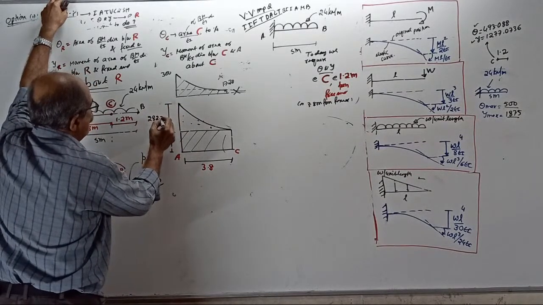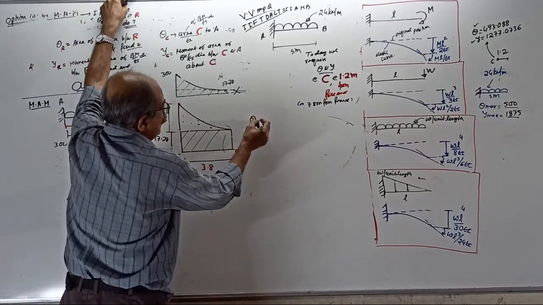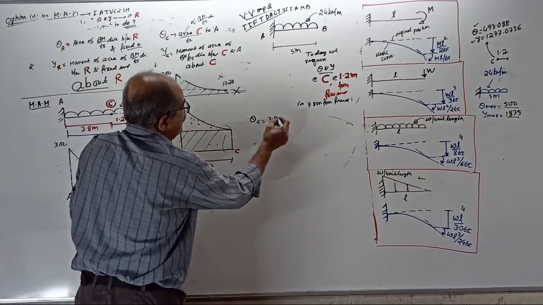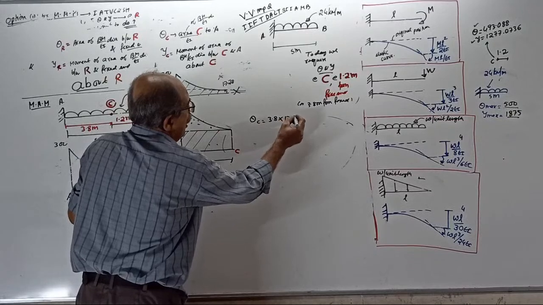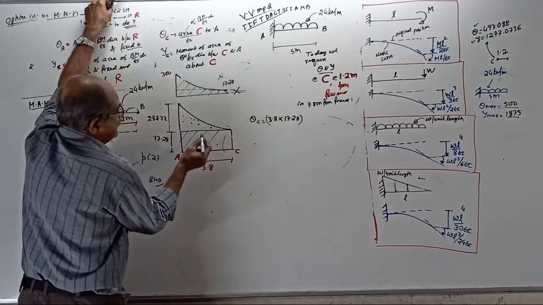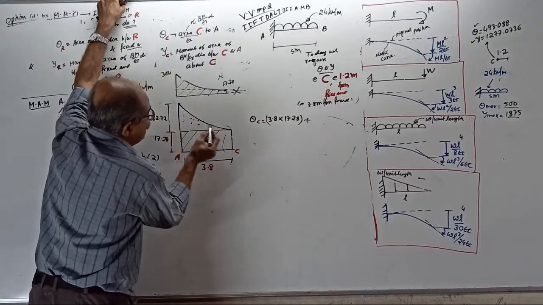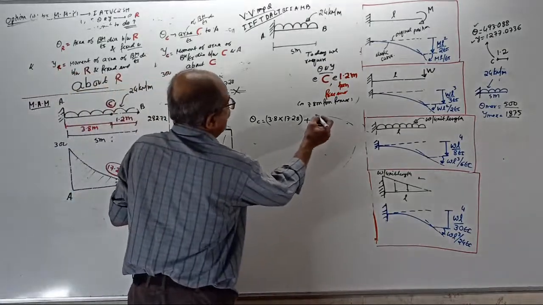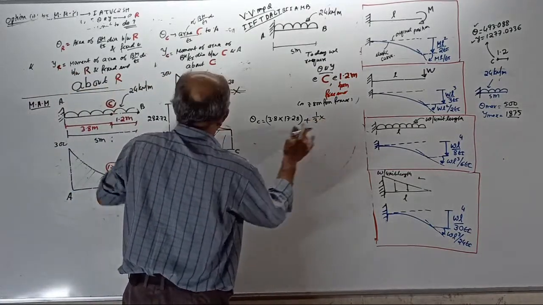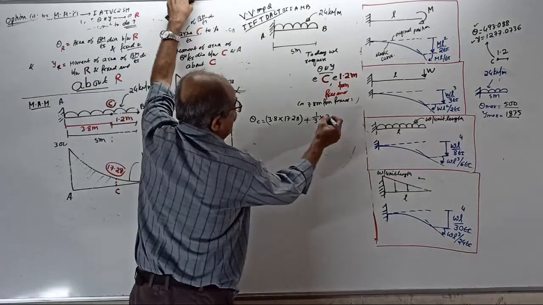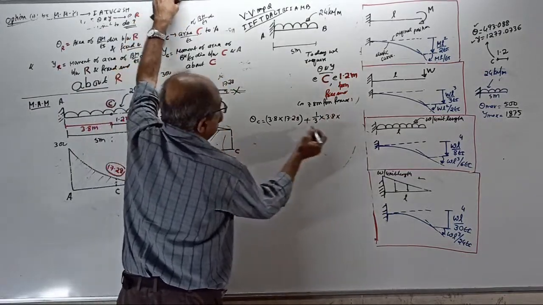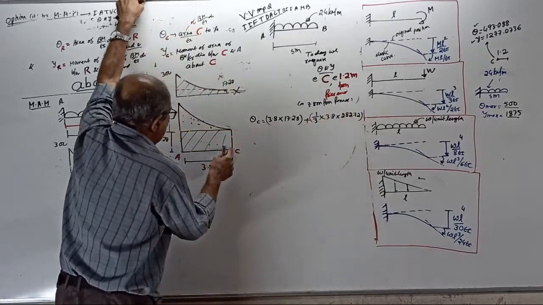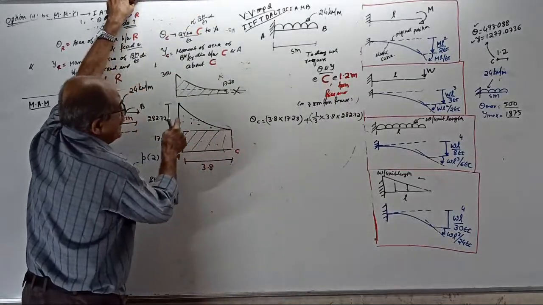Now theta C equals both areas together: 3.8 into 17.28 is one area, the rectangle, plus for this type of area, which I told you is 1/3 of base into height: 1/3 into 3.8 into 282.72. One is a rectangle, base into height; the other is a parabola, 1/3 base into height.